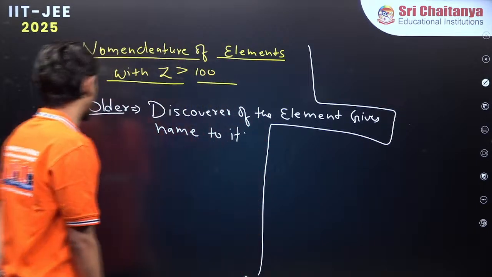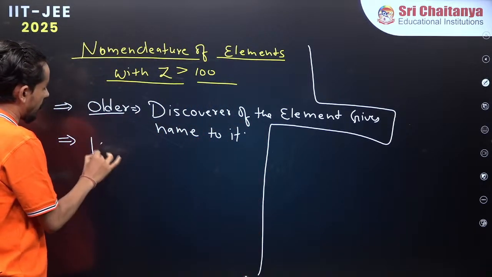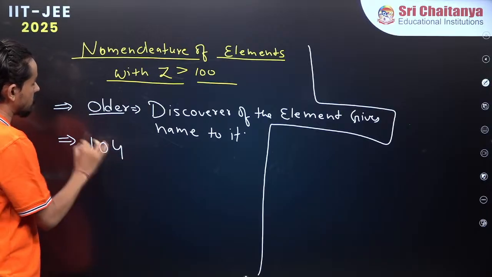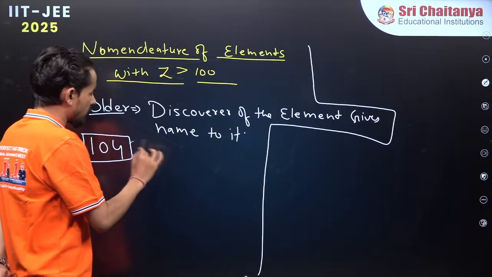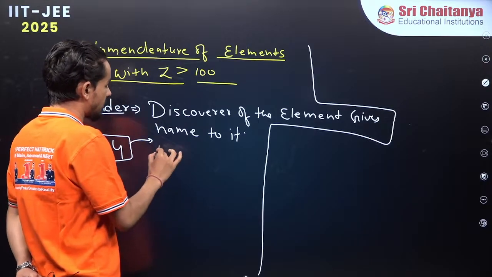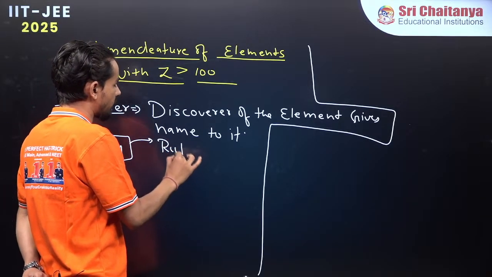There was one element having Z equal to 104, that means atomic number 104. The American scientists called it Rutherfordium.